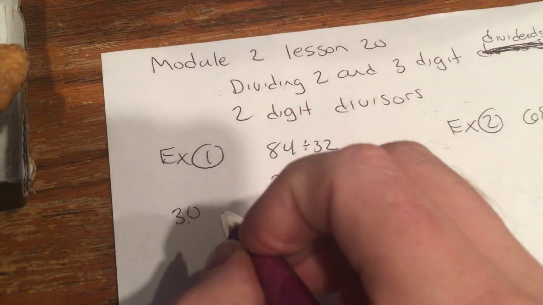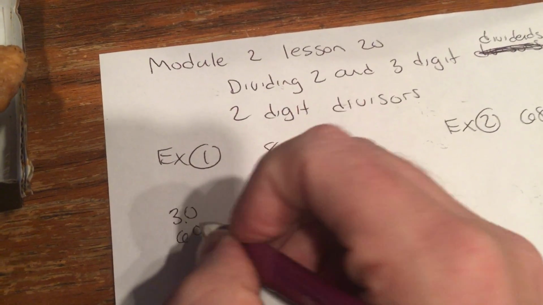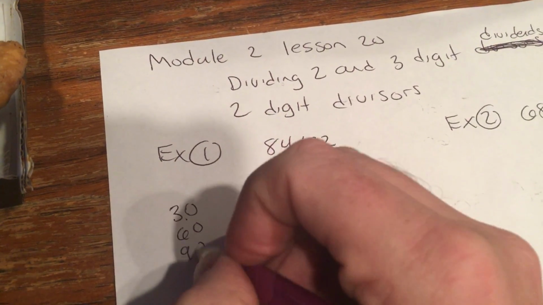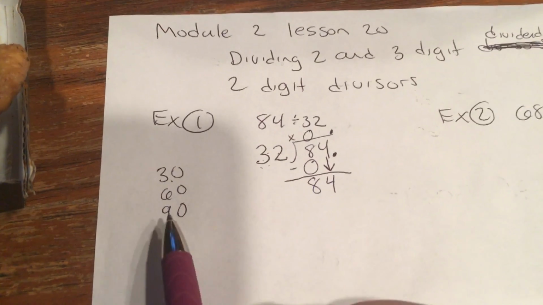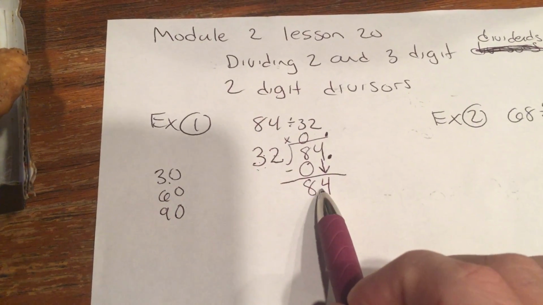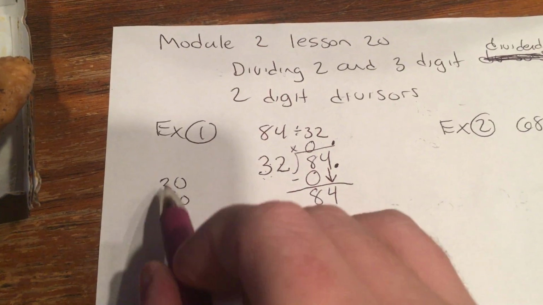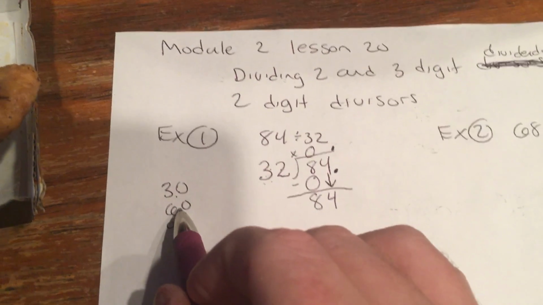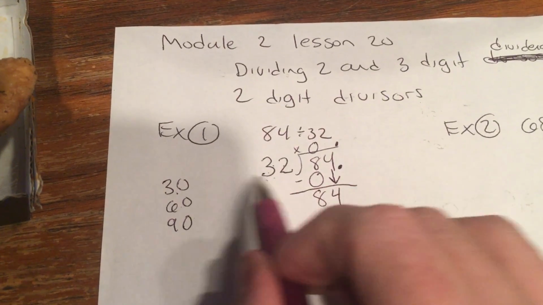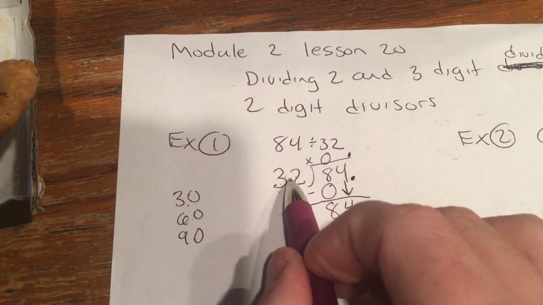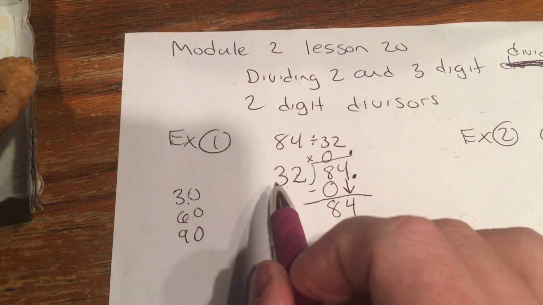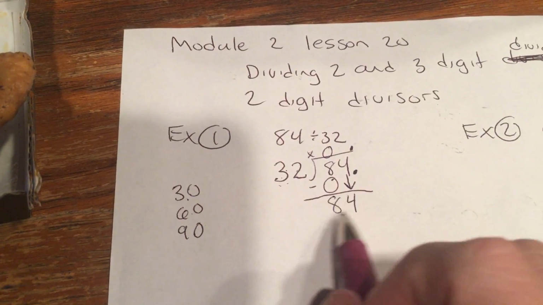Well, we know 30 times 1 is 30, 30 times 2 is 60, 30 times 3 is 90. Once we get to 90, we know we have gone too far for 84. So it can't be times 3. We're going to back up and only do 30 times 2. Now, we're going to first test this out because we don't really have 30, we have 32. So I'm going to double check to make sure that 32 times 2 is not larger than 84.